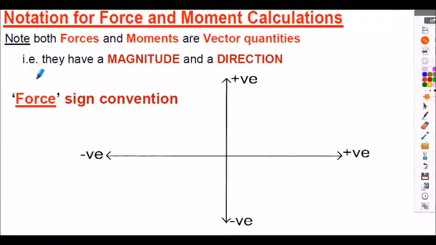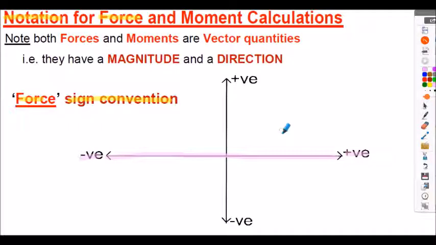Just an initial recap from the previous presentation. We need a notation for both force and moment calculations. The force notation was outlined in the previous presentation. It's shown below here. So our force sign convention stated that any horizontal component of a force moving from left to right was considered a positive component, and any horizontal force component moving from right to left was considered a negative component.